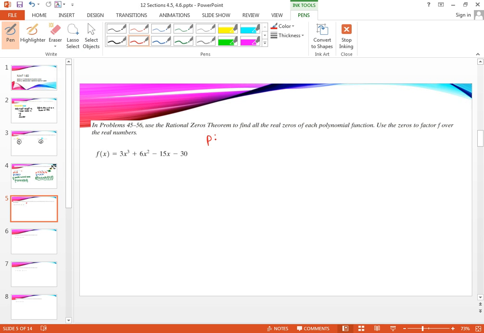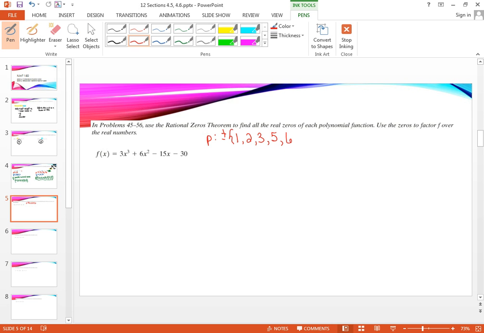The P's are going to be the factors of 30. Can you write those down? I'm going to put a plus or minus out front so I don't forget it. And then the factors of 30: 1 and 30, 2 and 15, 3 and 10, 5 and 6.